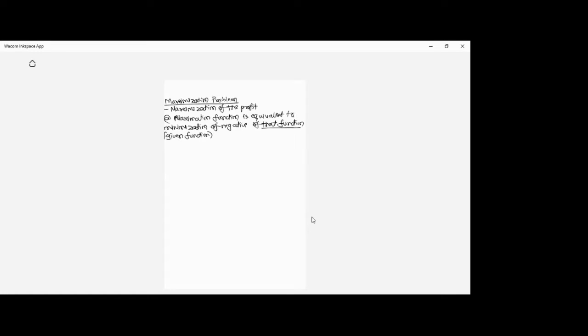So what I have told, I will be writing here. The given problem or given matrix is converted firstly into a minimization problem by multiplying the profit matrix by -1.